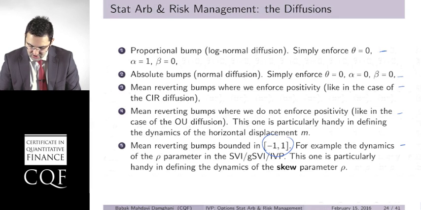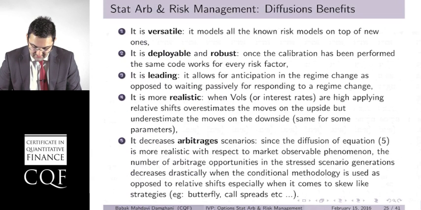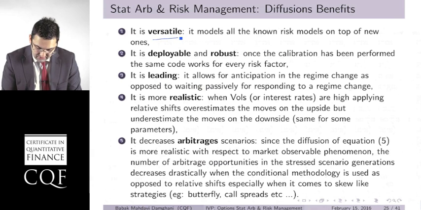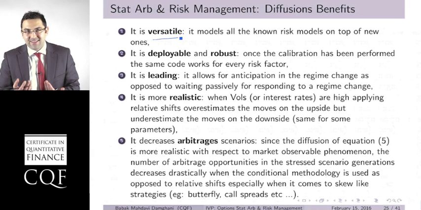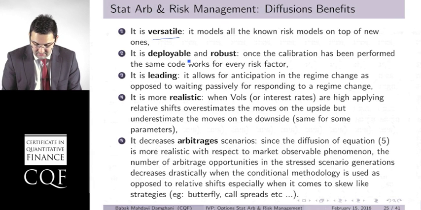It can achieve all of these different diffusions with that very simple formula. Okay? So the benefit is that it's versatile. Once you've put that kind of rule in your systems, your risk and trading system can talk to each other, and that works with most of the asset classes. Therefore it's deployable and robust.